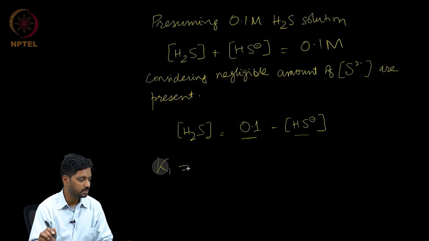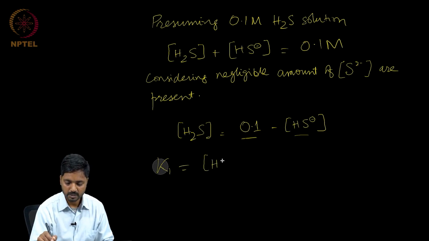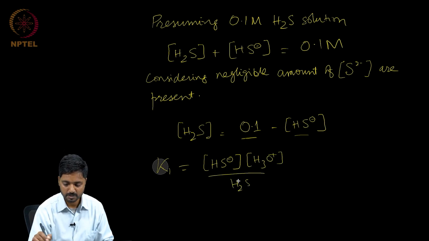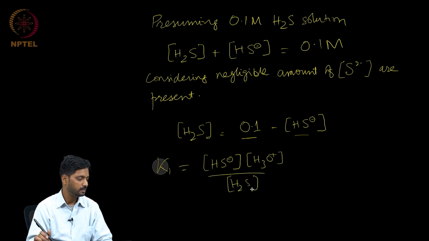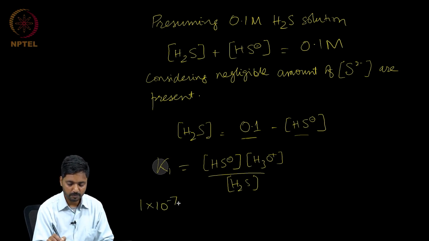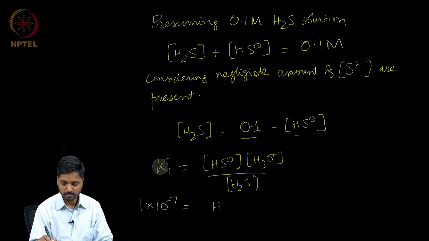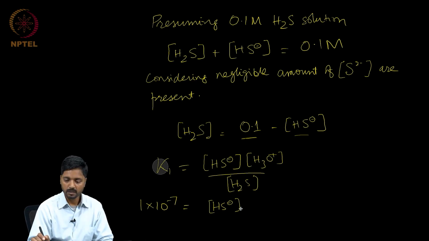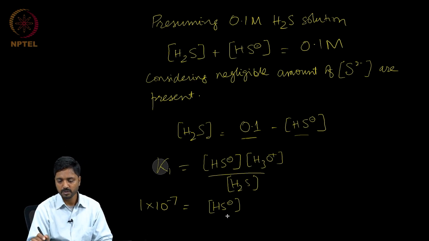and if we plug it in our K1 equation, what we observe is K1 is equal to HS minus times H3O plus divided by H2S, and this solves to the K1 value being known, the HS minus concentration needs to be calculated, and we will also presume that the equilibrium is the only source for the H3O plus ions.